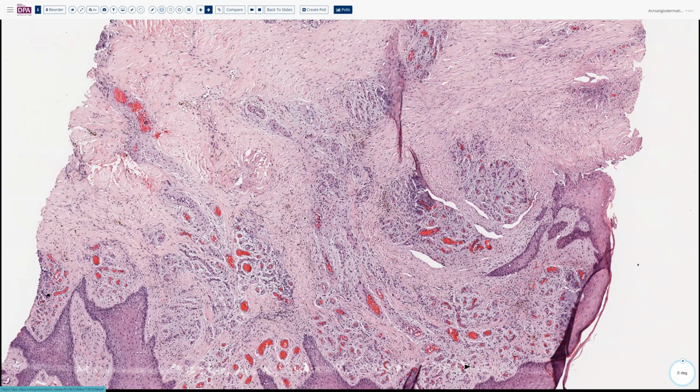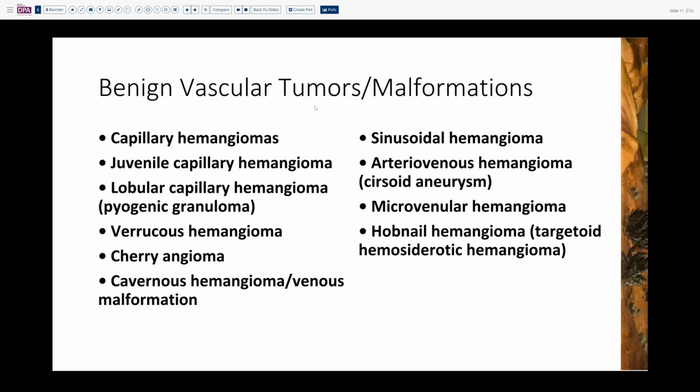All right, well, let's move on to some of the more classically tumor type of lesions, although some of these still fall into the category of malformations, but usually present as sort of a tumor type of lesion. And this is the list, and we'll go through pretty much each of these in some detail with some histologic slide examples for you to study.